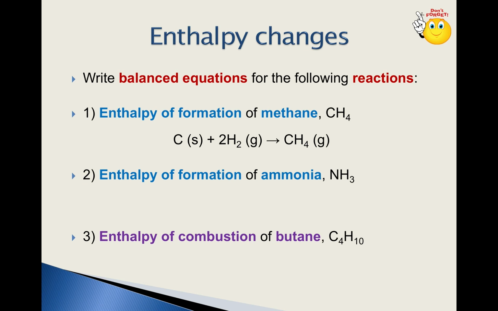Because we've got 4 hydrogens on the right, and initially we had 2 hydrogens on the left, we put a 2 in front of the hydrogen, so that's where the 2H2 comes from to balance the 4 hydrogens on the right. We then include state symbols, so we put solid for carbon, because carbon's standard state is a solid. Hydrogen's a gas and methane's a gas, and that will give me my marks in the exam.